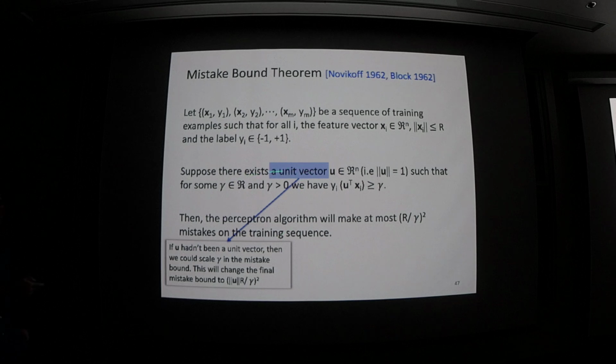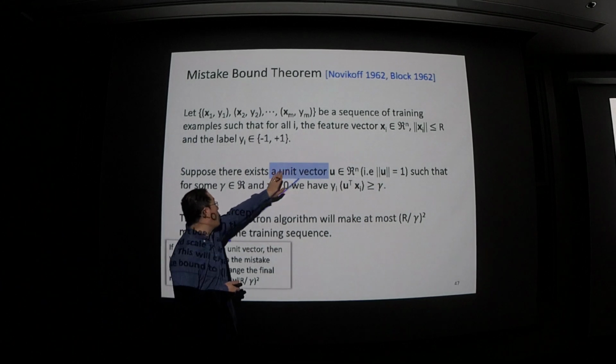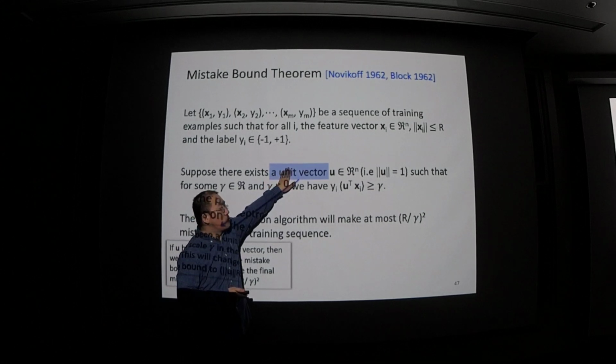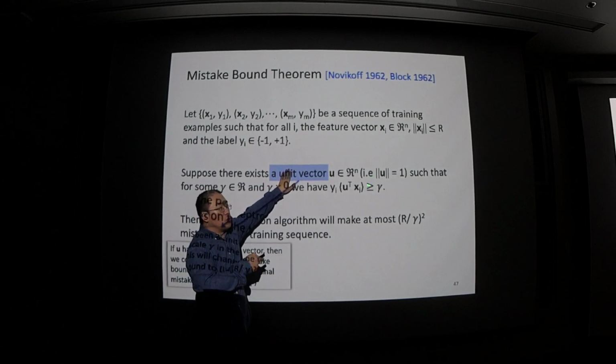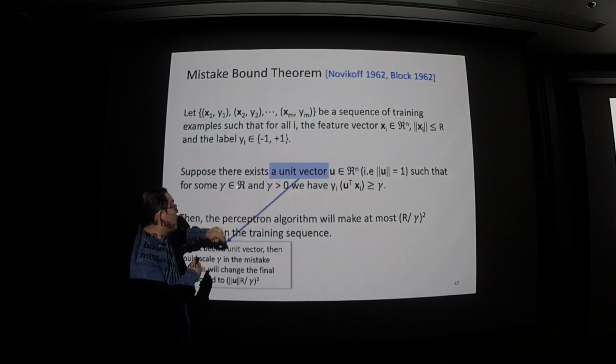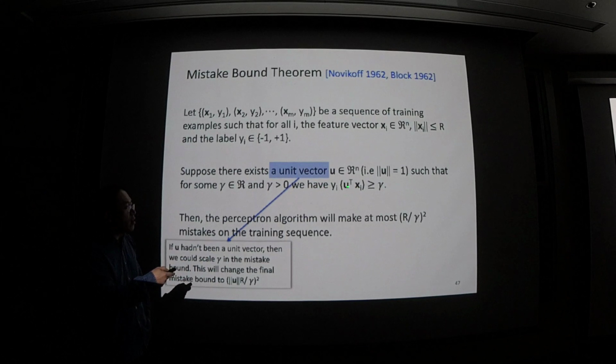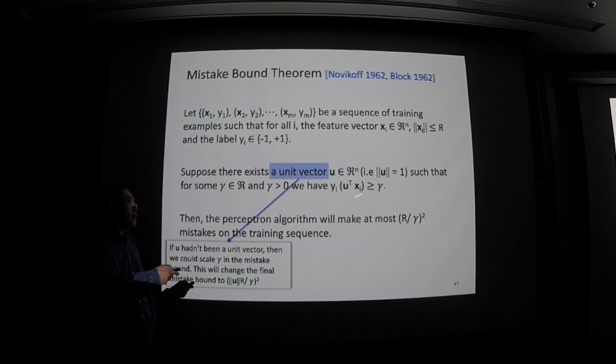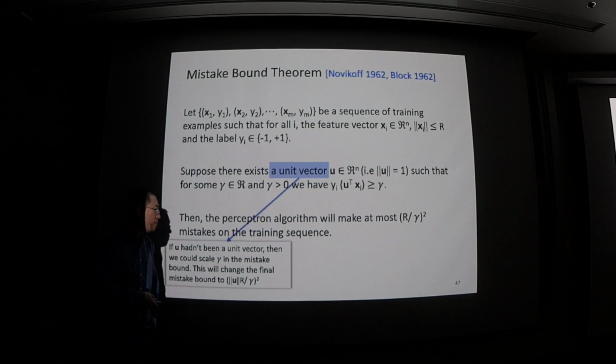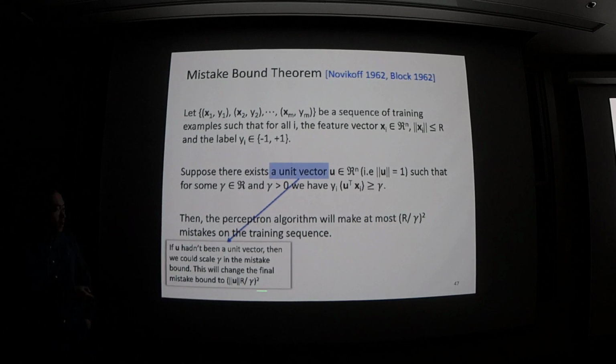And also we talked about why we introduce a unit vector here. Just for convenience. If it were not a unit vector, that means I remove the unit here, if there exists a vector u with no constraint that its norm must be 1, and this u satisfies that for any pair of xi, yi, this product is no less than gamma, then our mistake bound should be scaled by the squared norm of u.